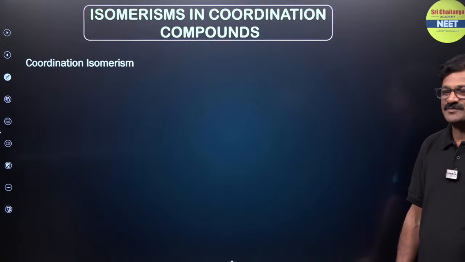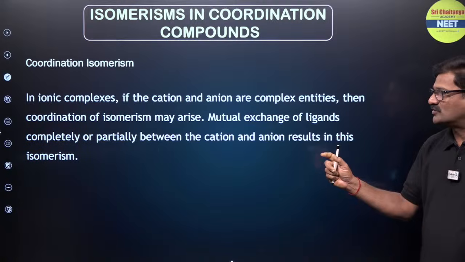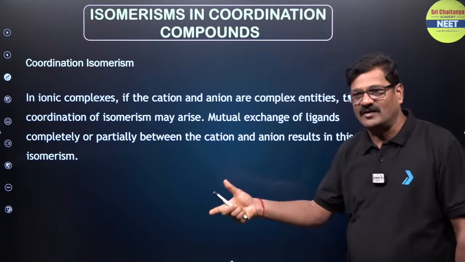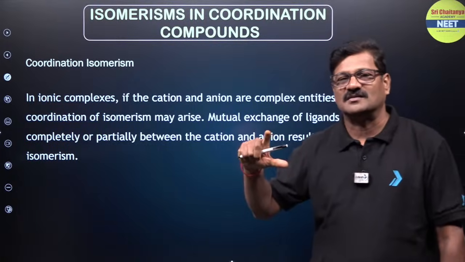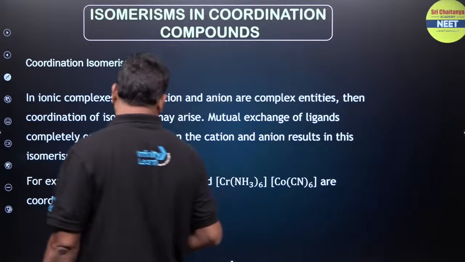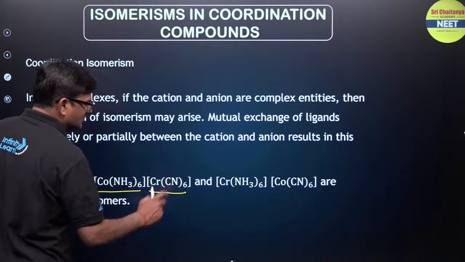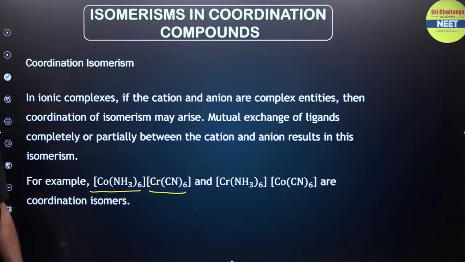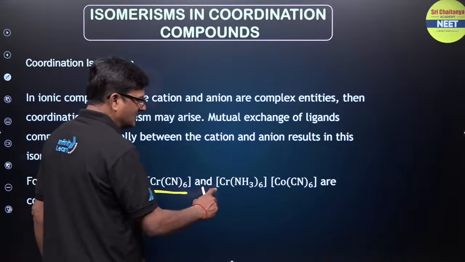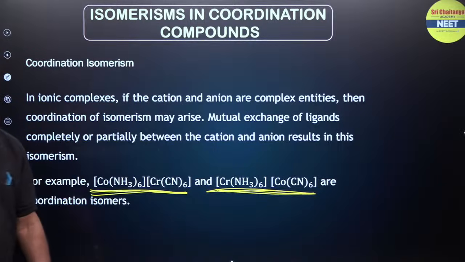Now coordination isomerism. This coordination isomerism is simple, though it looks complicated. It happens when both cationic and anionic parts are complex entities. If you look into the example here, [Co(NH3)6][Cr(CN)6], this is a complex, and [Cr(NH3)6][Co(CN)6], this is another complex.